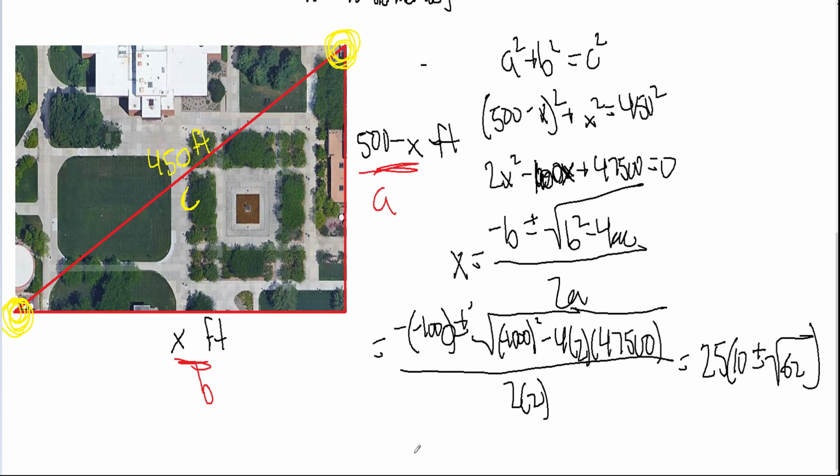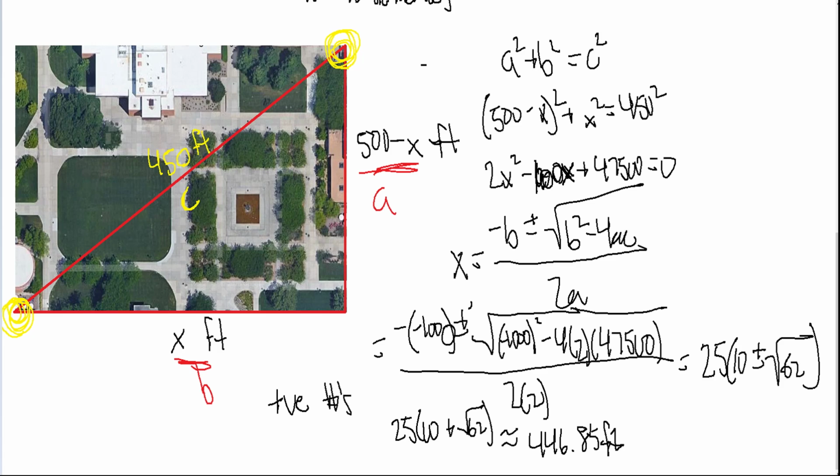And so when you evaluate both the plus and minus, you find out that they're both positive numbers. And we can just take a look at just one of them. So 25 times 10 plus the square root of 62 is approximately 446.85 feet.